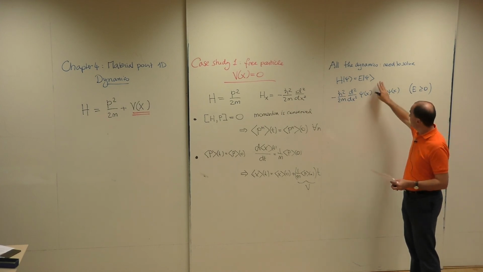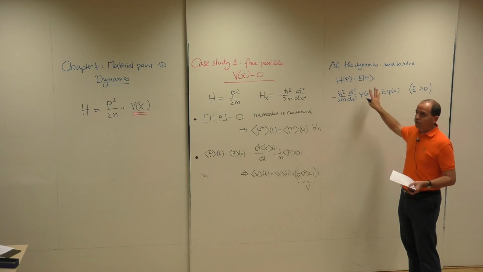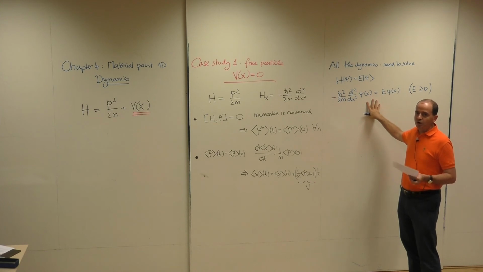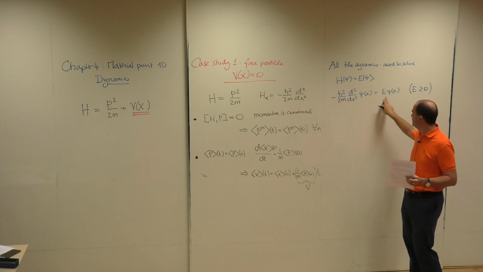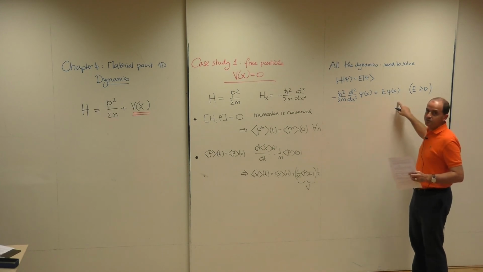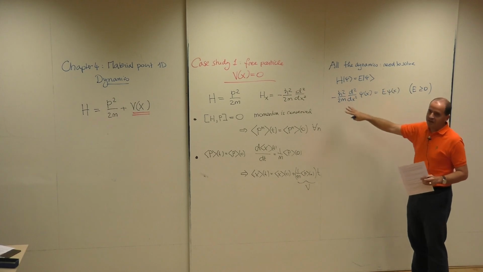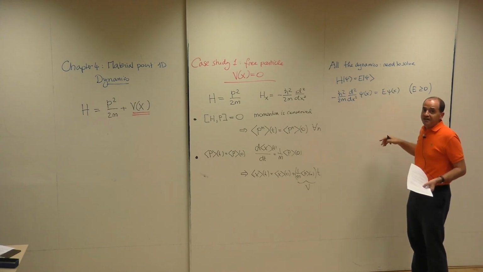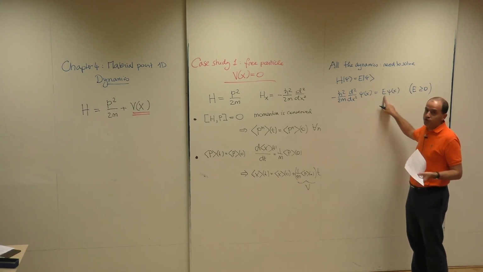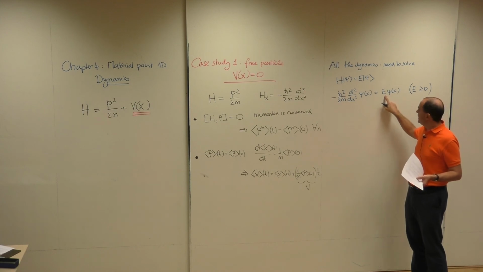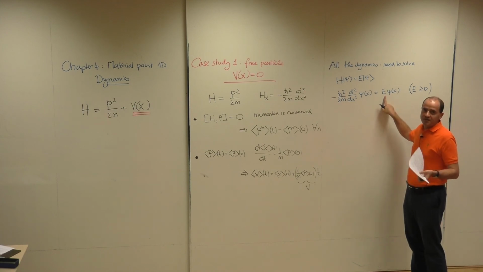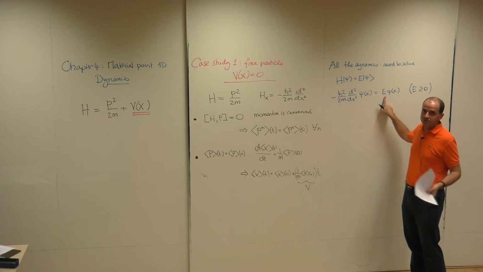That's a bit of a tricky step, right? When we move from the Hamiltonian to the differential equation, some things may be lost in transaction, and you must be careful to remember them. For instance, if I just throw you this differential equation without telling you anything, it looks like it also has solutions for negative E. This would be something like hyperbolic cosine and hyperbolic sine, or exponential increase, exponential decrease.